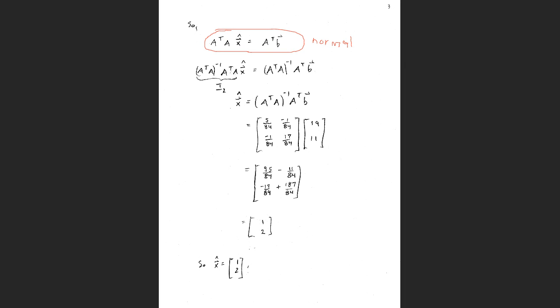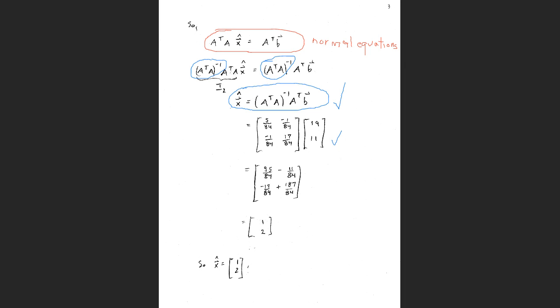We can multiply through this matrix equation on the left side by the inverse of A transpose A. And when we do that, we'll get that the least squares solution x hat is equal to the inverse of A transpose A times A transpose b.